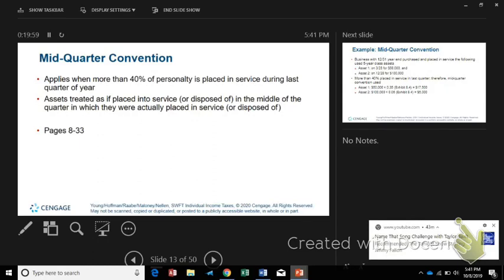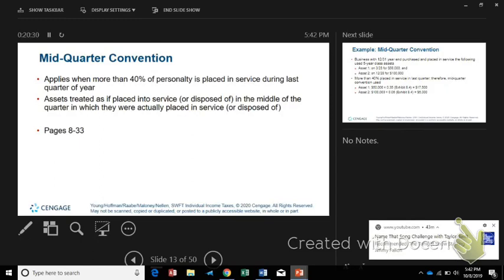This is 8.5 and 8.6. This is half-year convention for personal property placed in service, and this is half-year convention as well. And if I flip it over and go to the next one, this is the mid-quarter. Oh, sorry, that's mid-month. That's not the one I wanted. 8.4 is the mid-quarter.